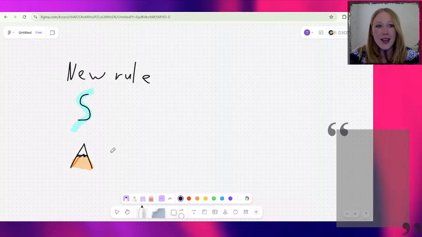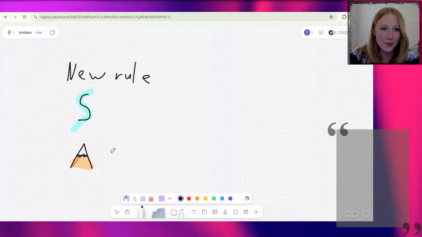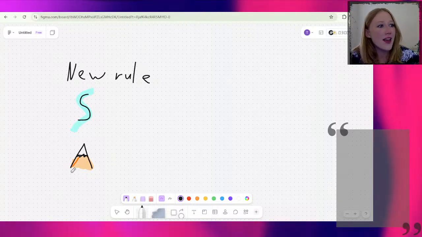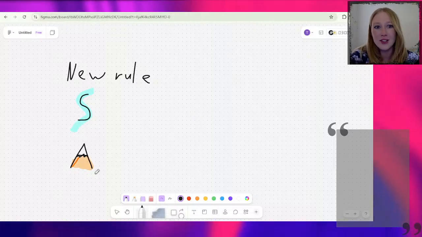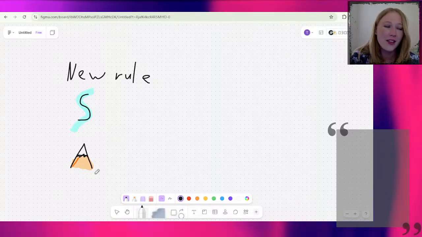So S for stream, the new feature is the stream. S is superimposed. A, like it's drawing a mountain, the new thing is the mountain. It's the geography, so the topography.